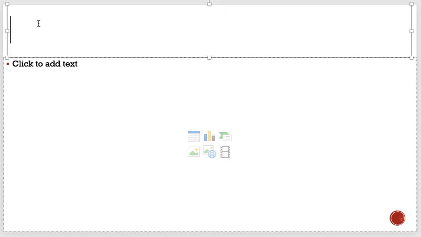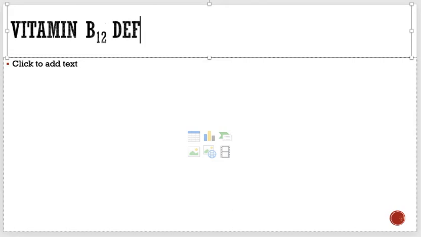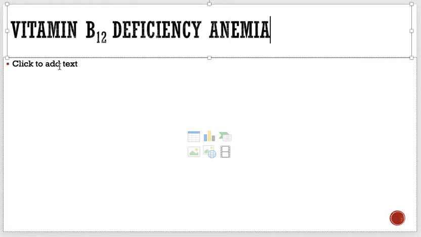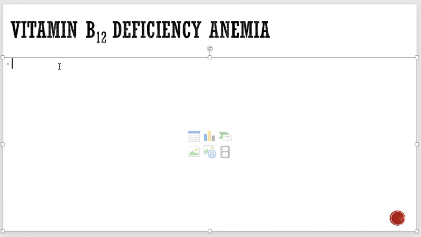What we are discussing right now is vitamin B12 deficiency anemia. Vitamin B12, as you know, is also called cobalamin. Cobalamin deficiency and vitamin B12 deficiency are the same thing.